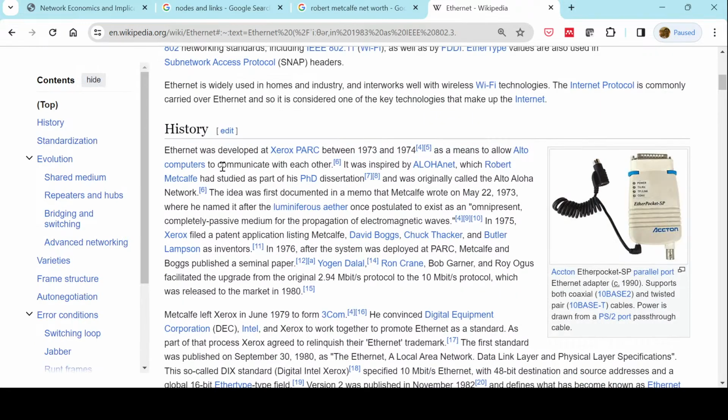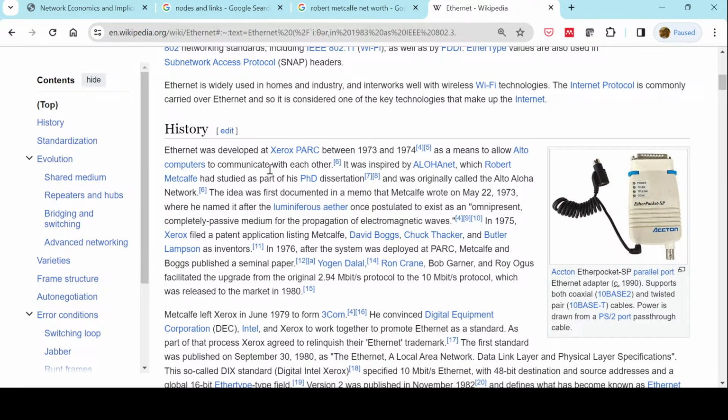Okay, let's look at it. Ethernet was developed at Xerox PARC, not because of Xerox, but because of that Metcalfe from MIT, between 73 and 74, as a means to allow Alto computers to communicate with each other within that location only.